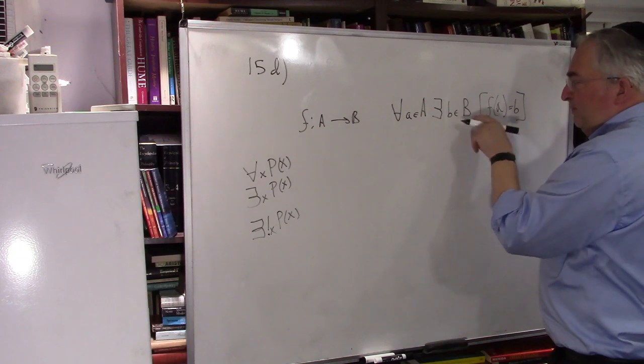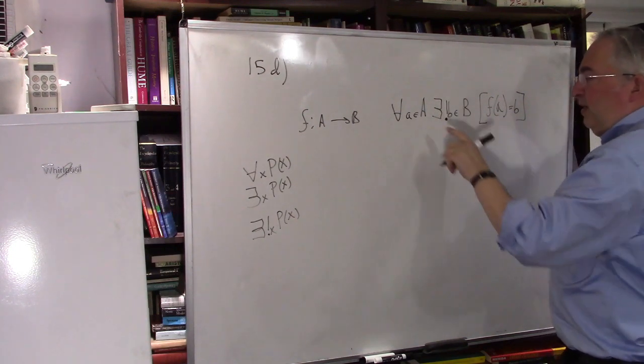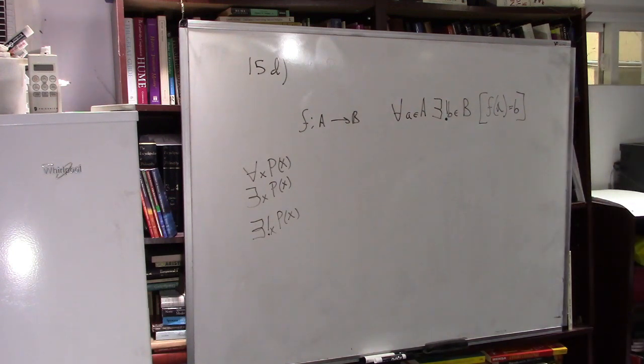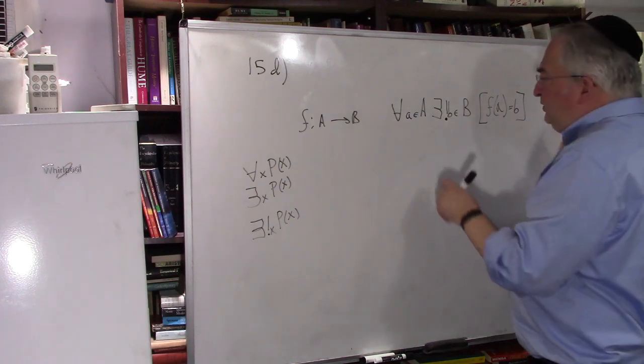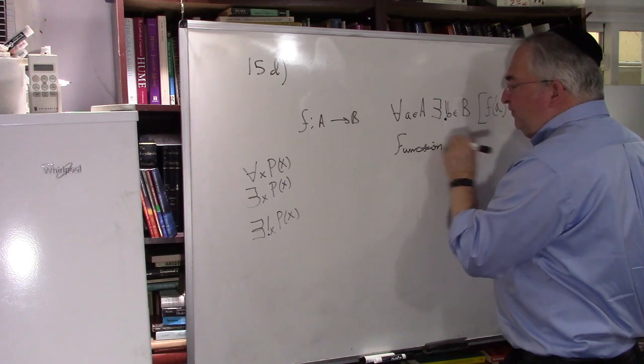You can have more than one b. So that's not it. This is the definition of a function: for every a, there is a b. Okay, great. That's the definition of a function.